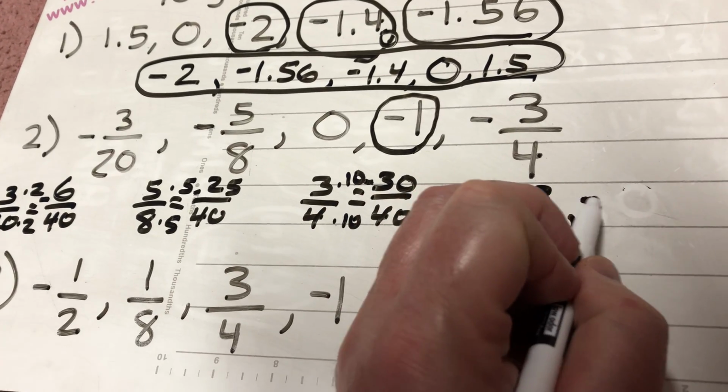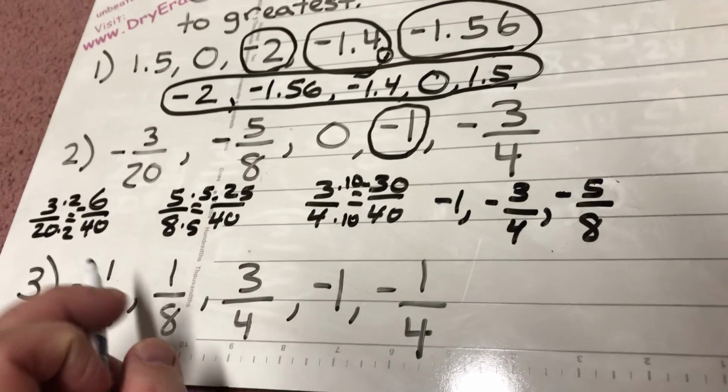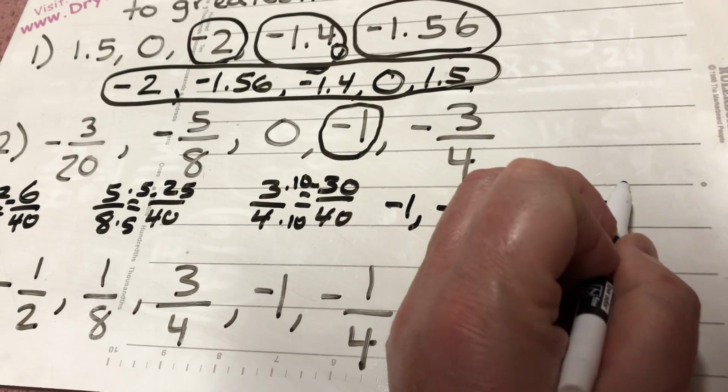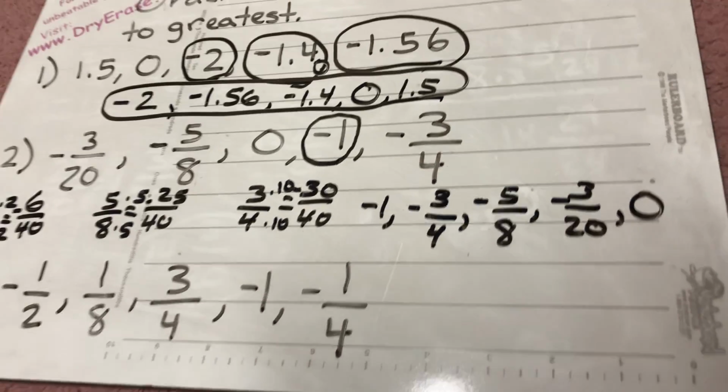So my next smallest one is negative 5 over 8, followed by my other fraction, negative 3 over 20, and then my greatest number is 0.